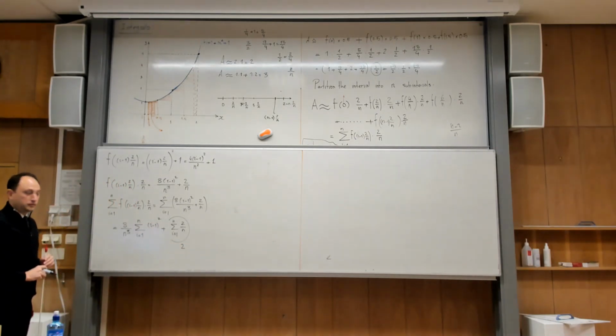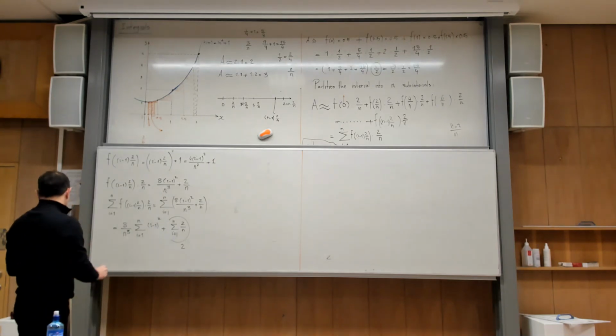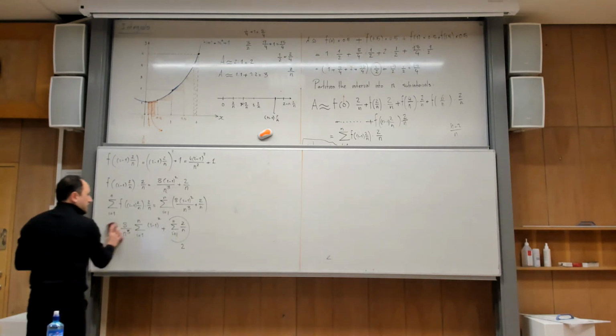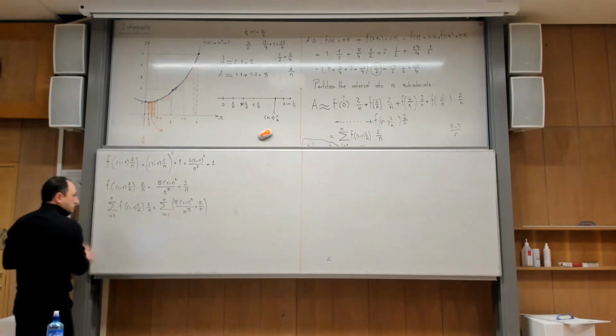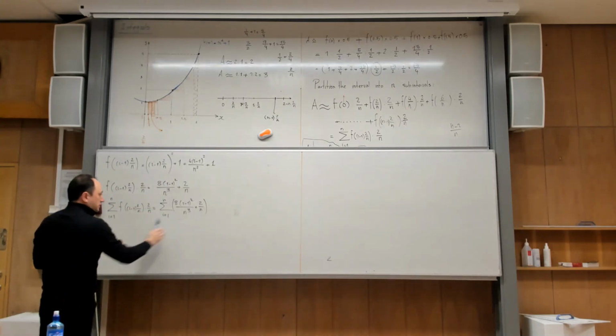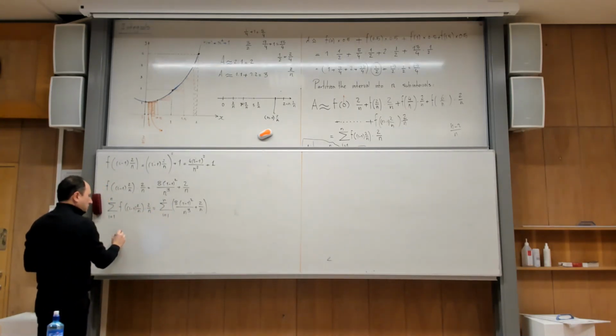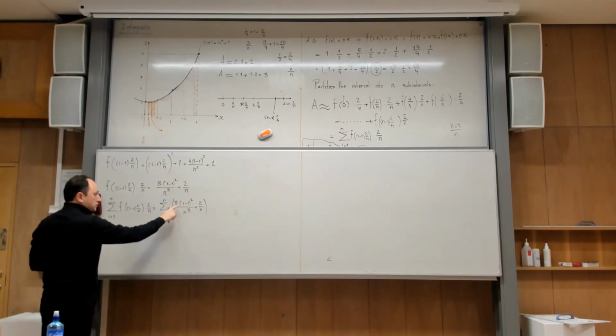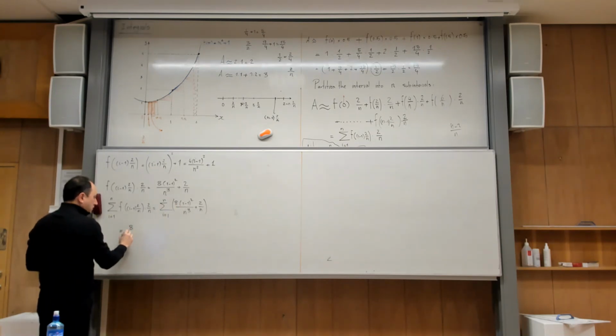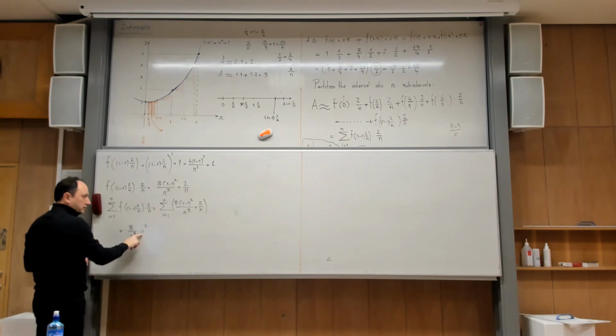Okay, if you don't like this, let me change my method and do it a different way. Let me expand this sigma for the time being. If I want to expand this sigma, I need to put i equals 1. So this becomes 8 over n cubed, 0 to the power 2. I am intentionally writing this 0.